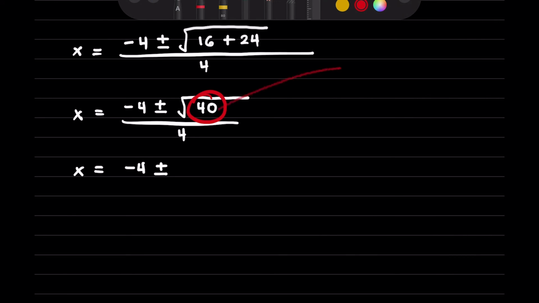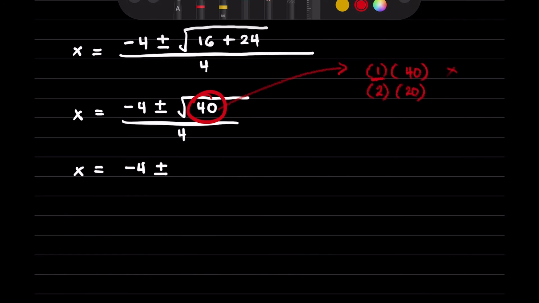So what are the factors of 40 na merong perfect square? So, di ba, we have 1 times 40. So, aside sa 1 na perfect square, hindi nakabilang to. So, next yan, na factors niya, 2 times. Anong i-multiply ko sa 2 para makakuha ko ng 40? That's 20, right?